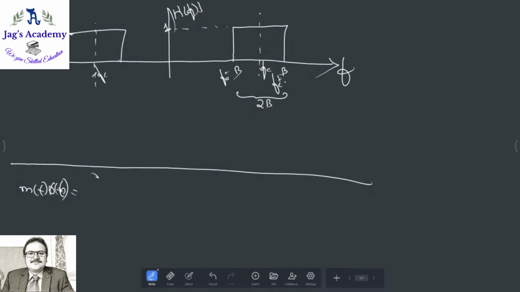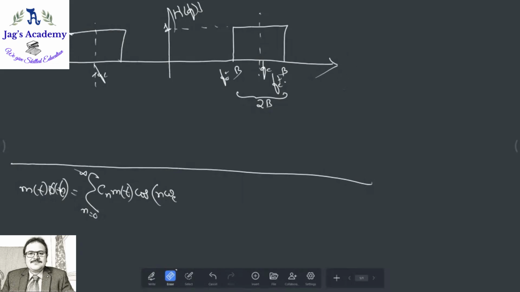It is actually summation n equal to 0 to infinity Cn m of t into, what is that? Cos of, come on, n omega c, right? I am just writing it in omega c, okay? It can be even in 2 pi fc also, okay? If you are getting confused, I will change everything to omega c, okay?